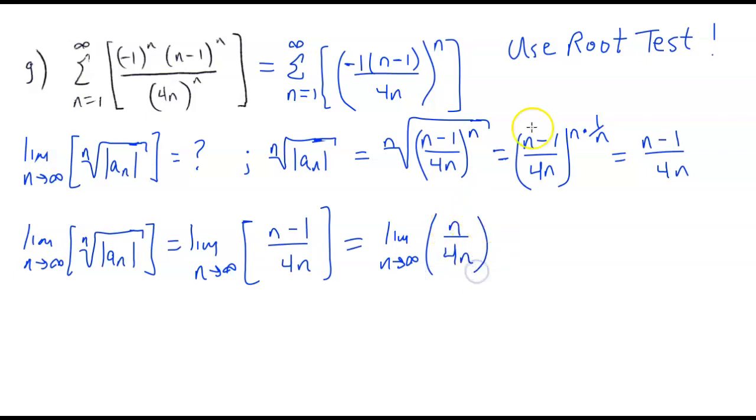So we're going to have this situation here, and of course, these n's reduce to 1. And we essentially have the limit as n approaches infinity of 1/4. The limit of any constant is just that constant, and that's less than 1.